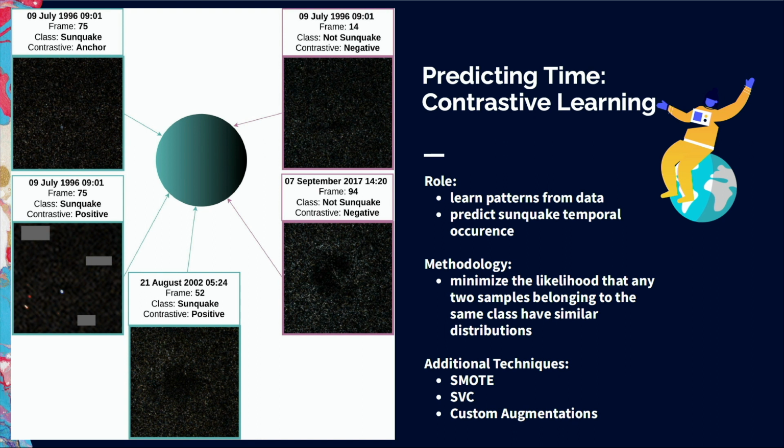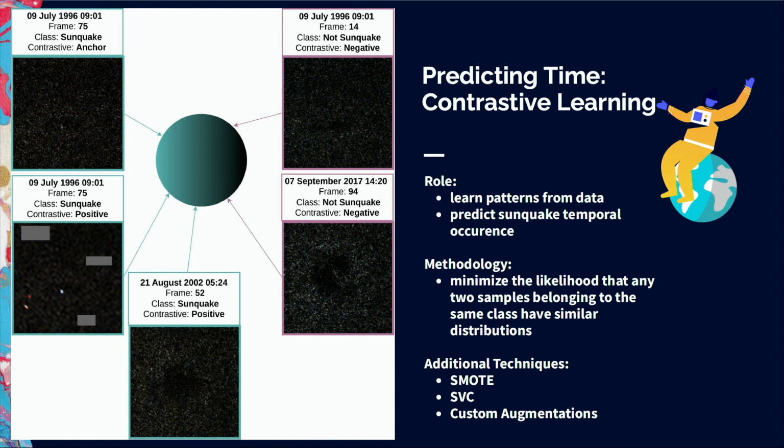For predicting time, we have used contrastive learning. If you are not familiar with this, the goal with contrastive learning in our scenario was first, with the unsupervised version, to learn patterns from data, so feature extraction. And secondly, with the supervised version, to actually predict when the sunquakes started and when they ended.